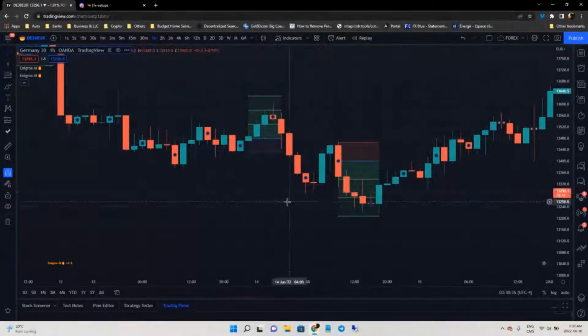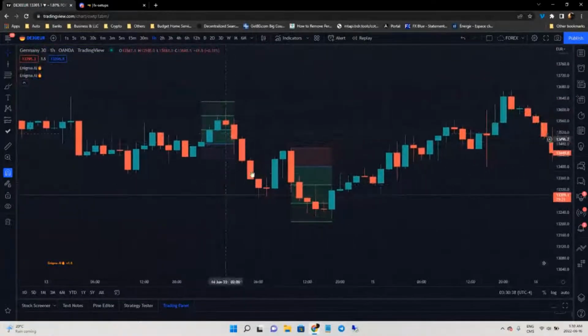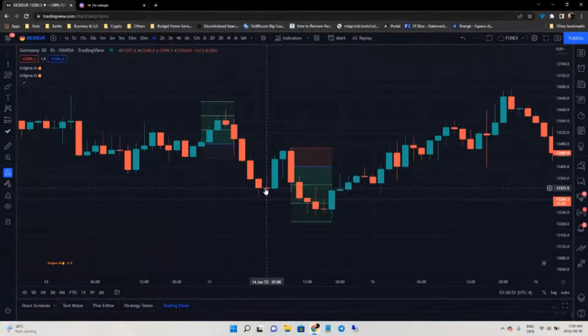So I was looking at this range here. This is called an imbalance in the market. It went in an uptrend and then went back down. When you see those types of setups, if it goes back up, it's usually going to go at least 50% of that move, just to cover the imbalance.